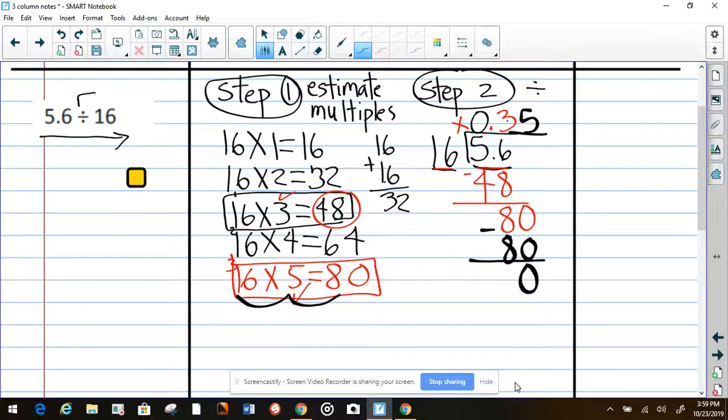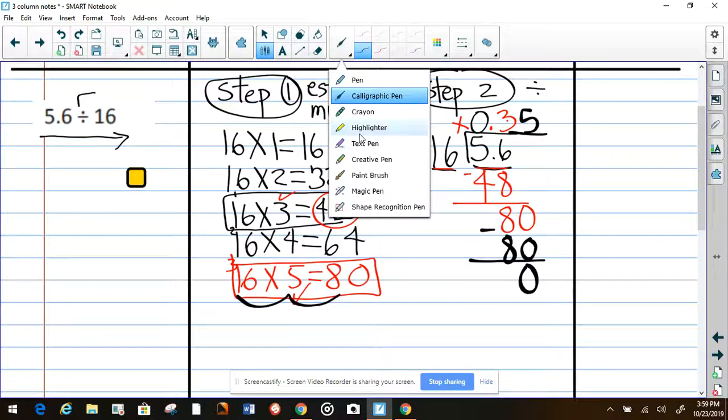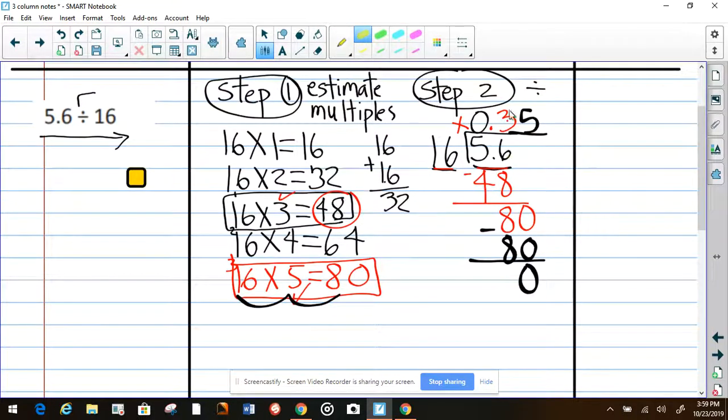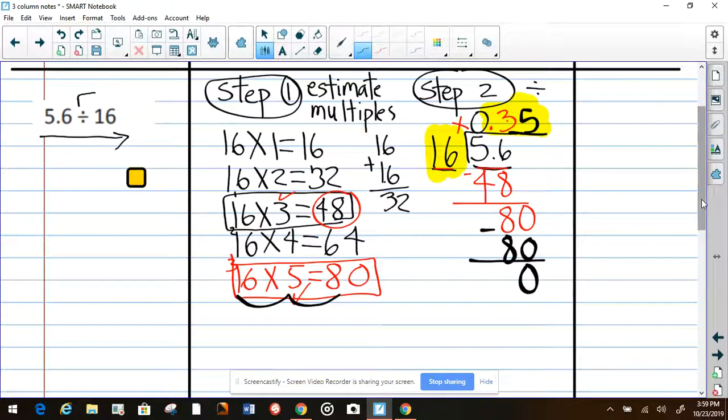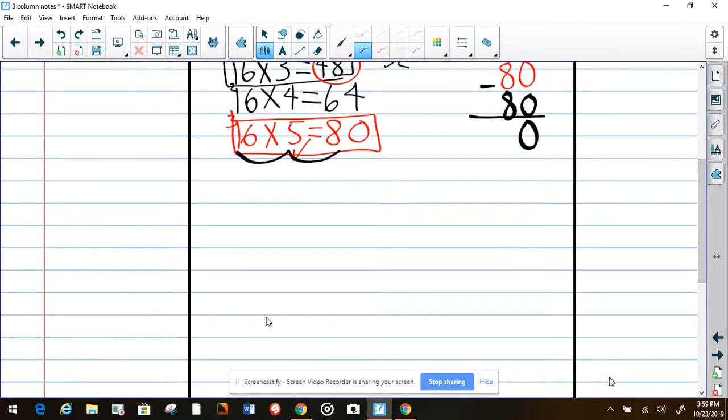Okay? Now we have to check. Why do we have to check? Checking is important because that way you know your division is correct. So we're going to multiply the divisor times the quotient up here. So check is step 3. Check with multiplication.